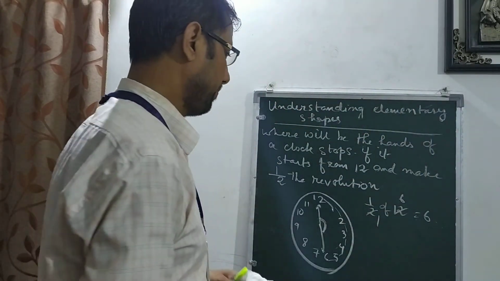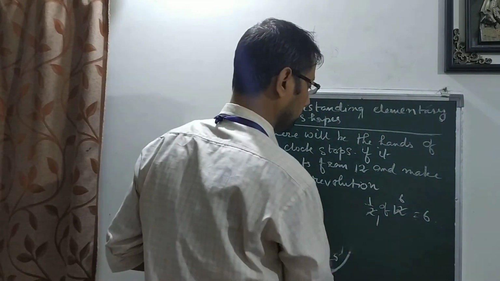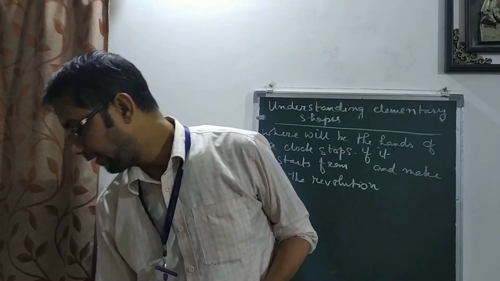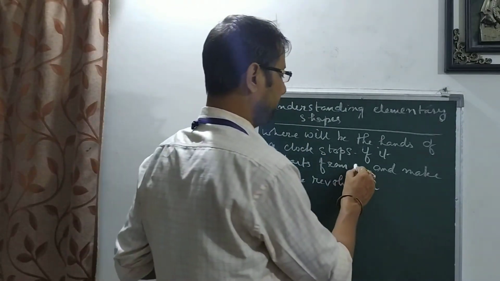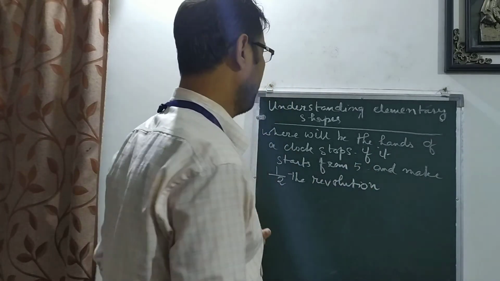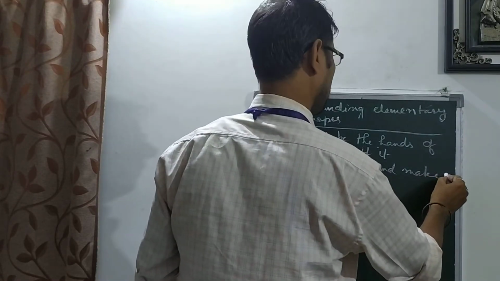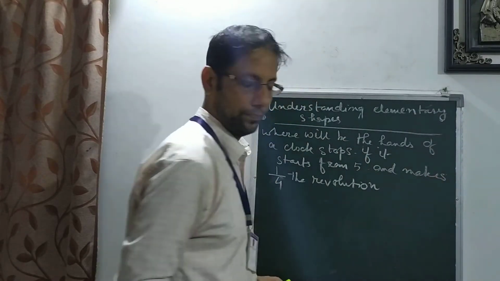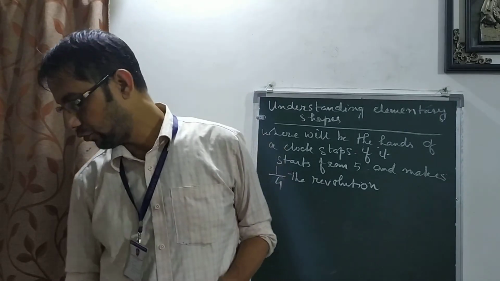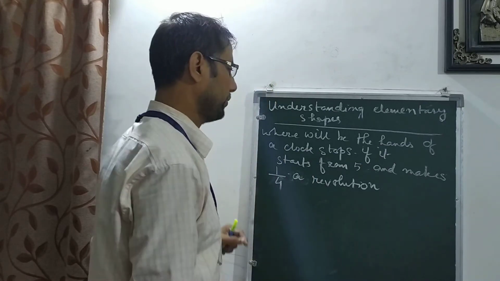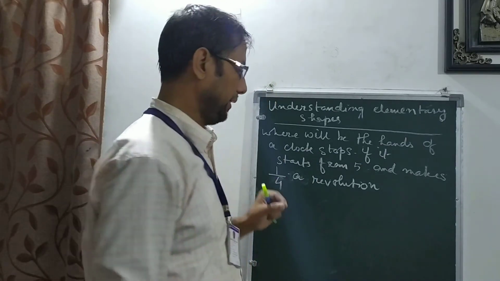Let me take one more example. If it starts from 5 and makes 1/4 of a revolution. Now 1/4 means what?